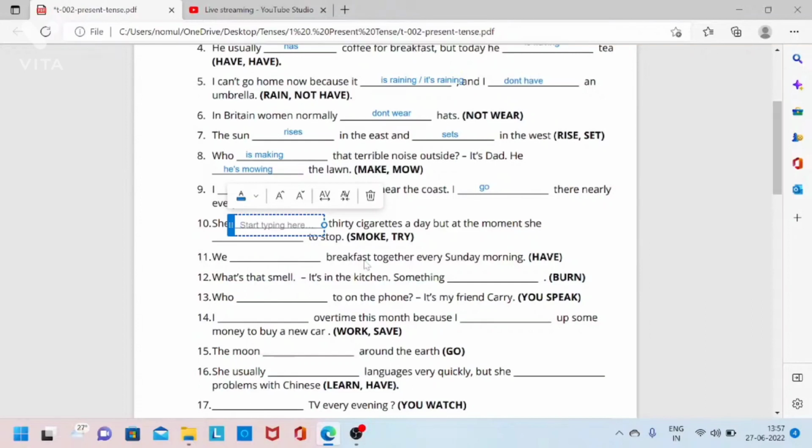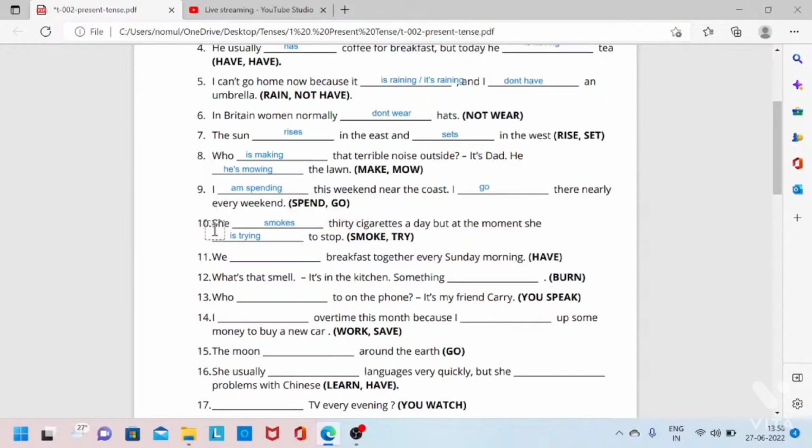Next, she smokes. She smokes 30 cigarettes a day, but at the moment she is trying to stop. So what she is doing, she's smoking. Okay, she smokes 30 cigarettes a day, but at the moment what she is going to do, she is trying to stop.